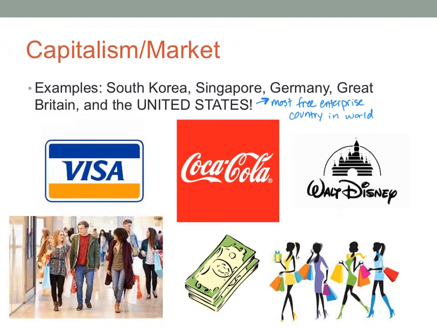Okay, so if we look at all of these examples up here, really, if you can buy things and you determine what you buy and when you buy it, that's capitalism, okay? Coca-Cola is an example of what can happen because of capitalism.